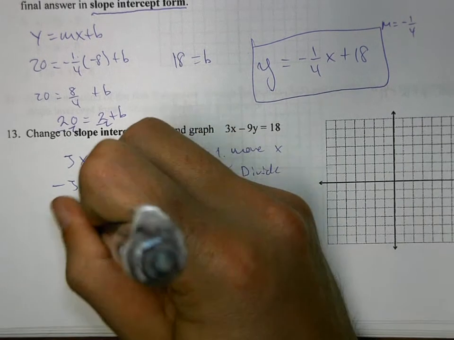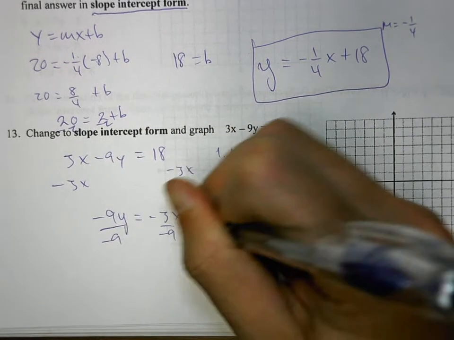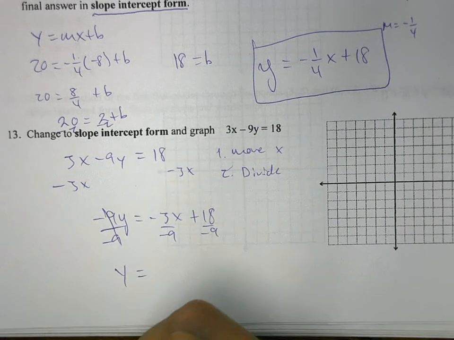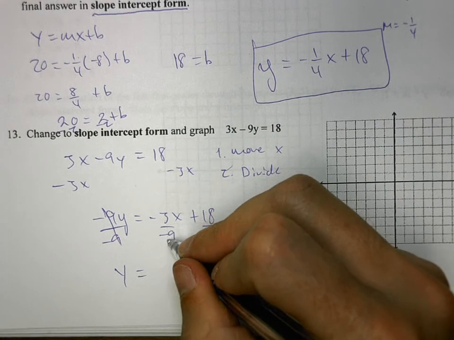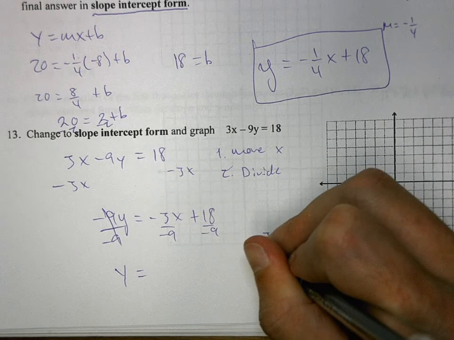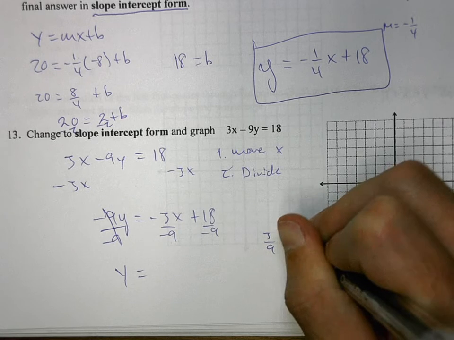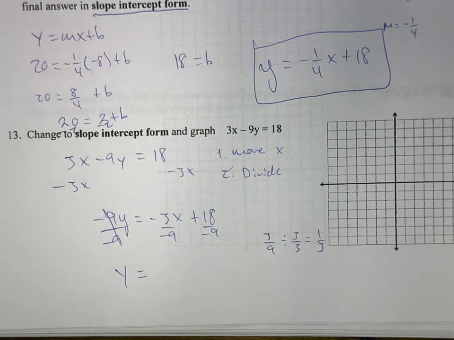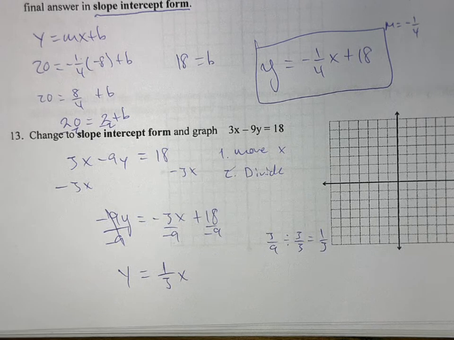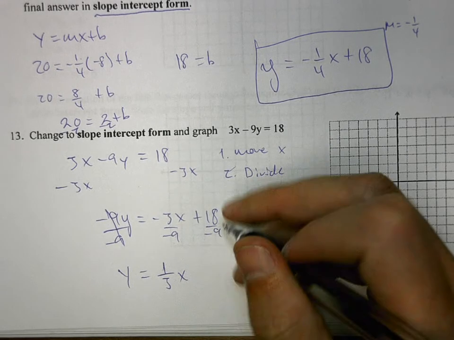So we're going to divide everything by negative 9. So y equals negative 3 over negative 9. That makes it positive. You can reduce this fraction. Divide top and bottom by 3 and we get 1/3. So 1/3 x. 18 divided by negative 9 is negative 2.